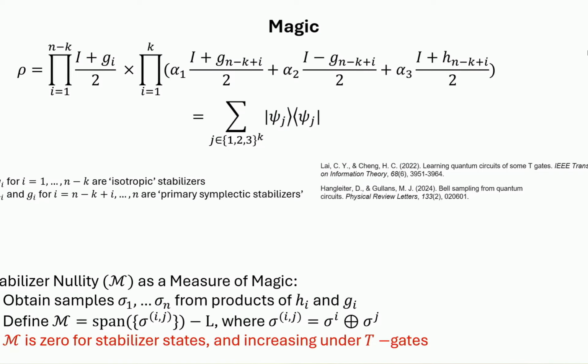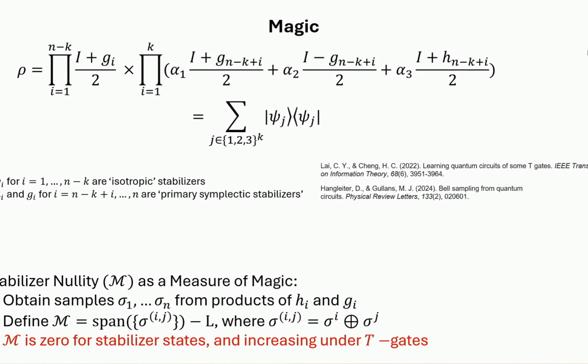It's well known that for stabilizer states, the dimension of these Pauli operators you sample is just your system size, or how long the circuit is. But for Haar-random states, or states that are not close to the stabilizer group, the dimension of this Pauli space will grow. So under T-gates, this measure of magic will be increasing.